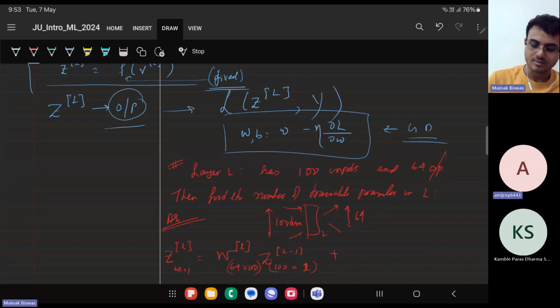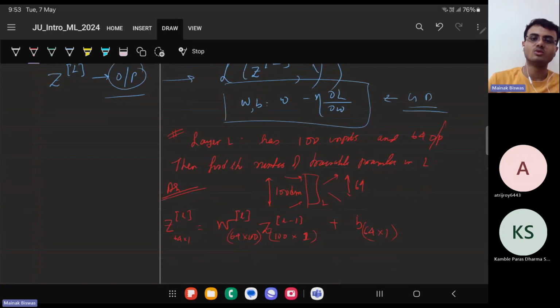Plus B, 100. Each of these neurons will have 64, so 64 is the number of neurons in this layer, right? The number of outputs is equal to the number of neurons.